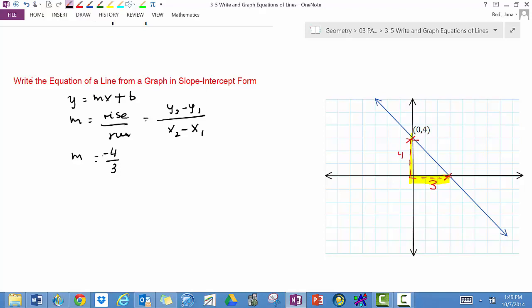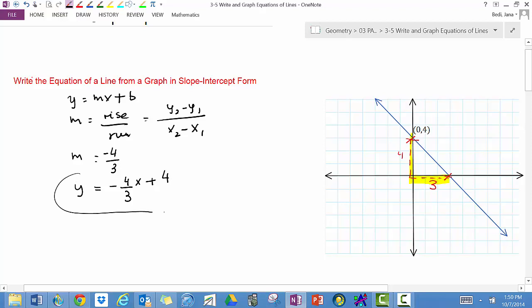In this case, as x increases by 3 units, y decreases by 4 units. The equation of this line is -4/3 x plus the y-intercept, which is just 4. So this is slope-intercept form.